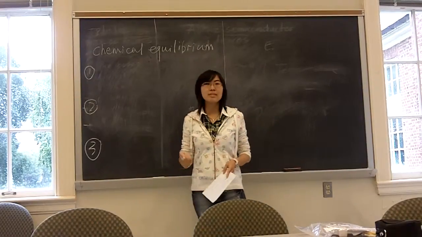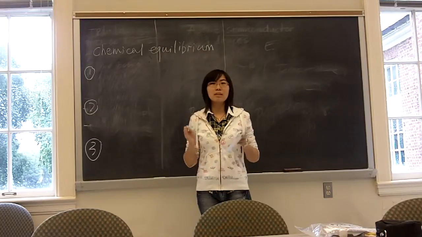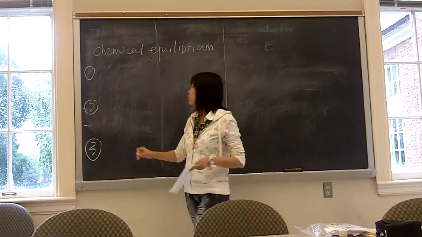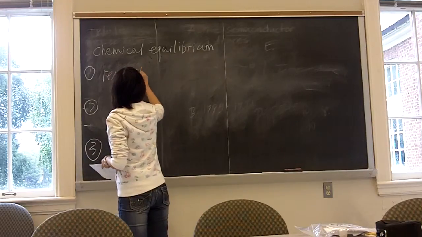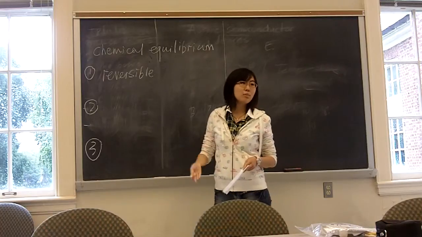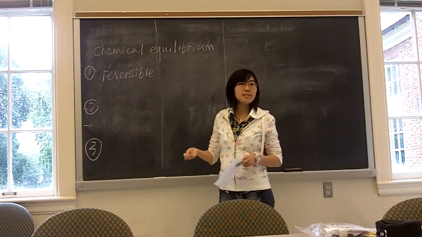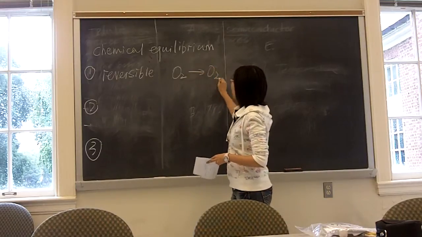Before I introduce this concept to you, the first thing you should know is that almost all chemical reactions are reversible. For example, as we mentioned last week, under high voltage conditions, oxygen can be transformed into ozone.